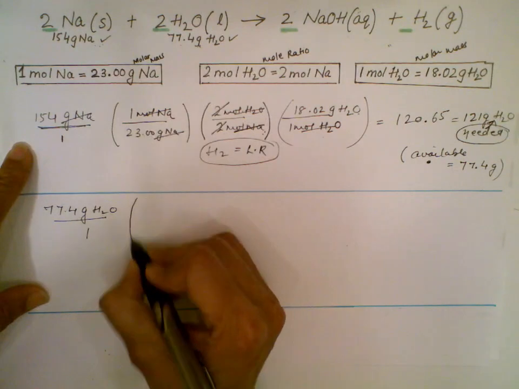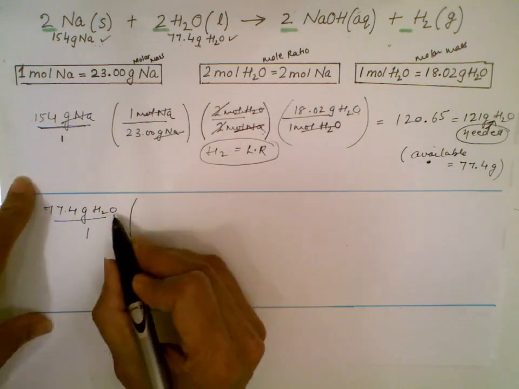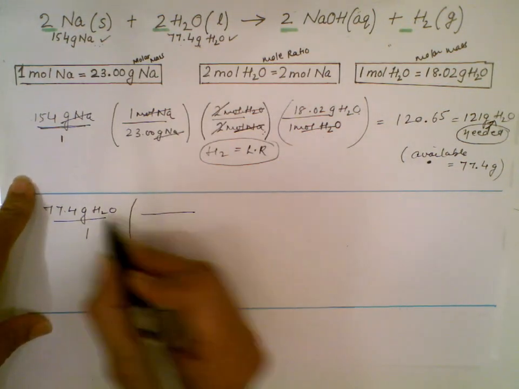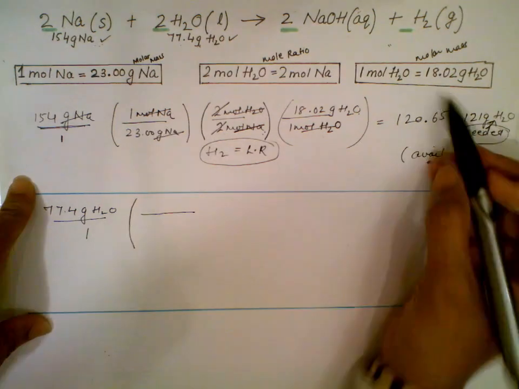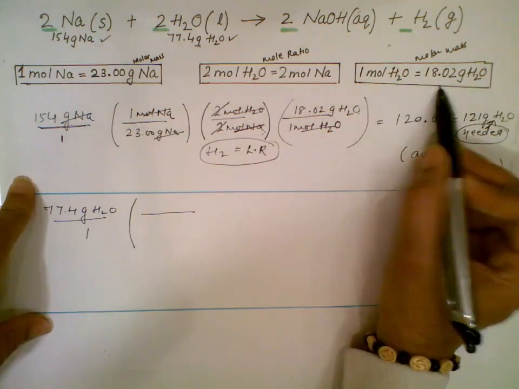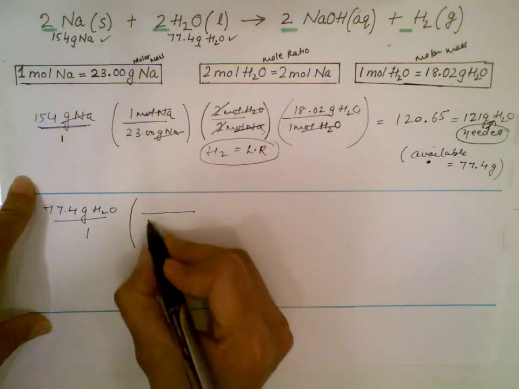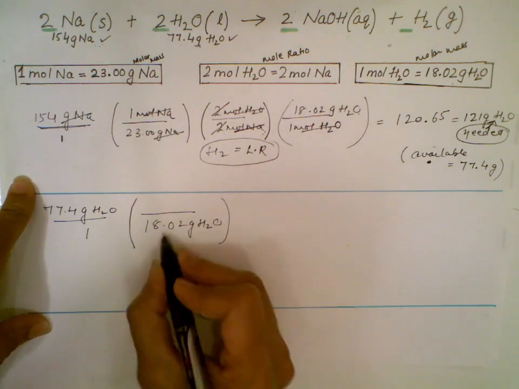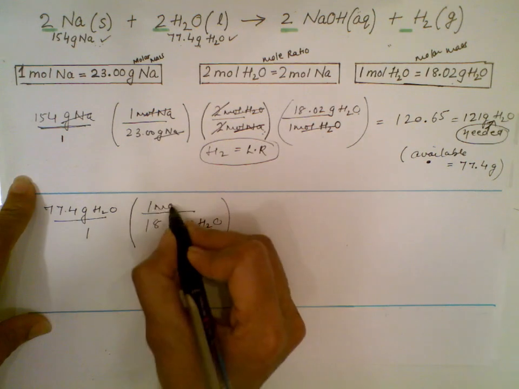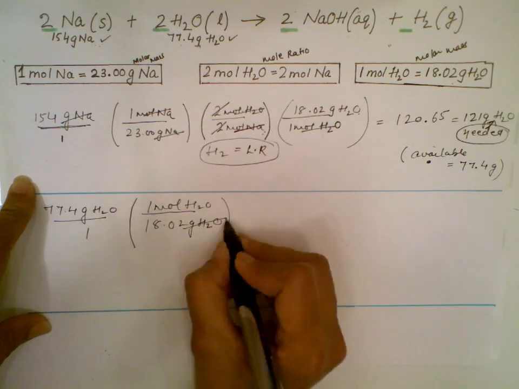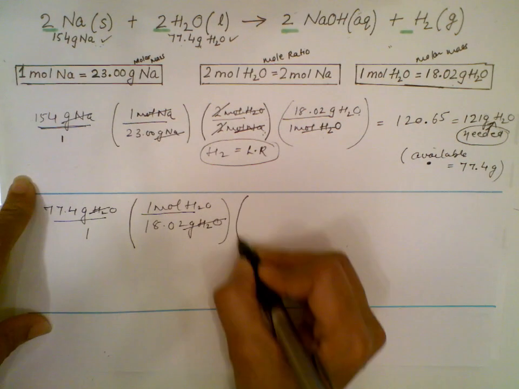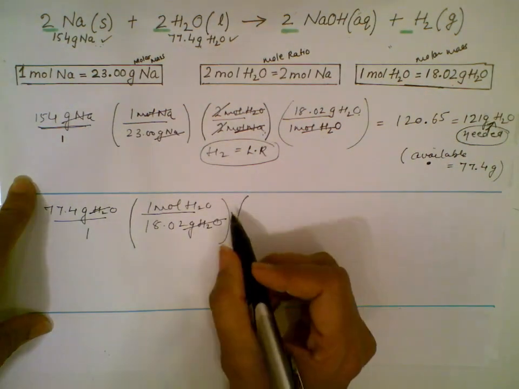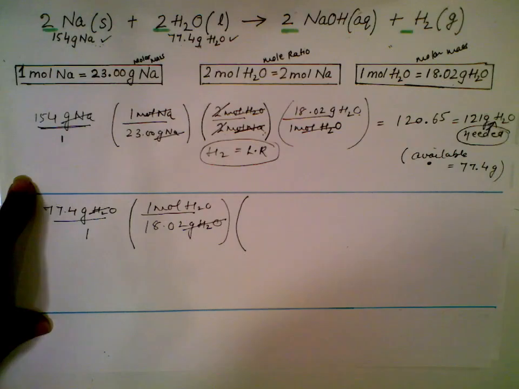Same steps, you are going to convert this mass to moles, and this is water. For water, the molar mass is this equivalent fraction, 18.02 grams of water. That's the mass for 1 mole of water. Cancel the same units. The next step is you're going to compare the moles of water and moles of sodium.